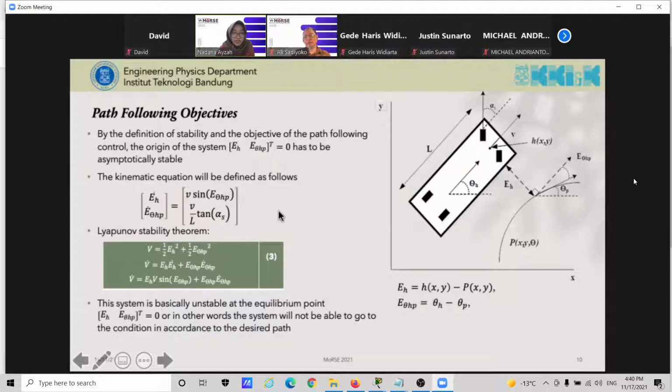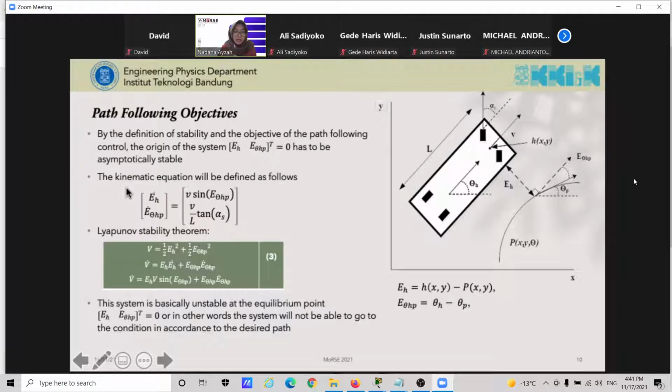Basically, the definition of the stability and objective of this controller is to make the origin of the system asymptotically stable, or the error zero.